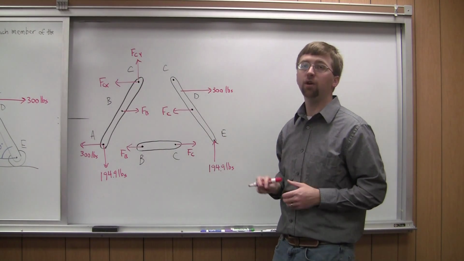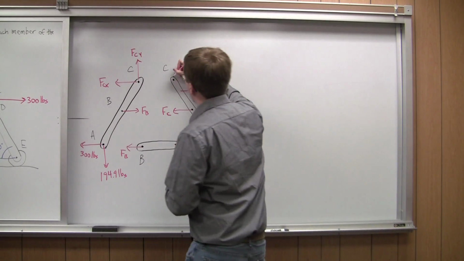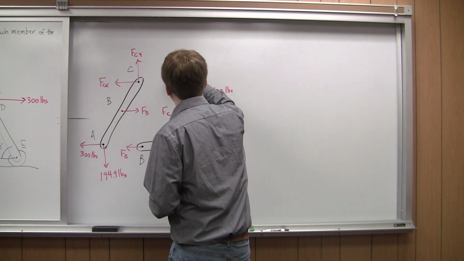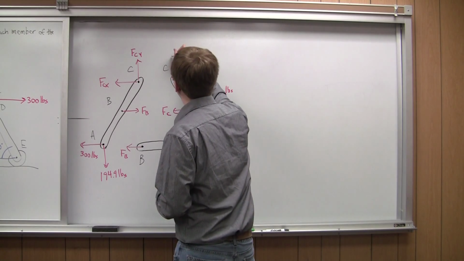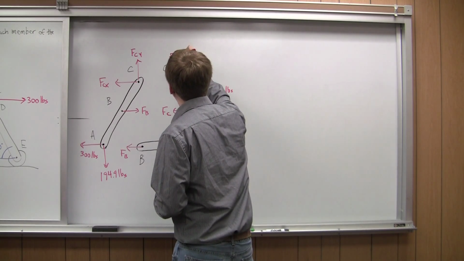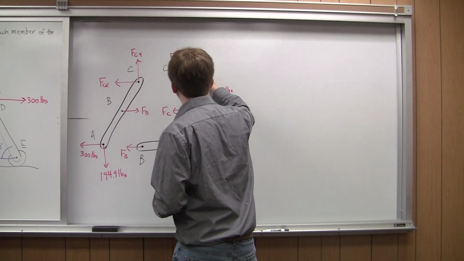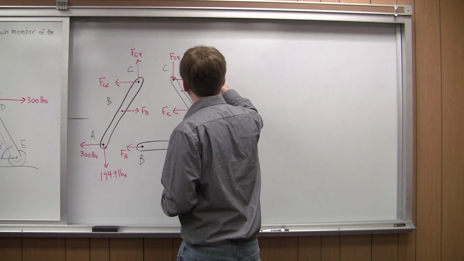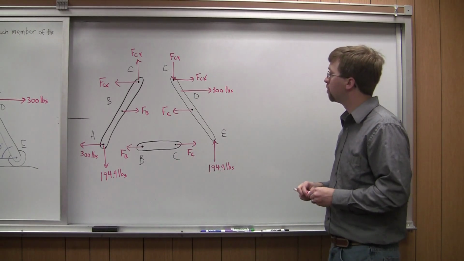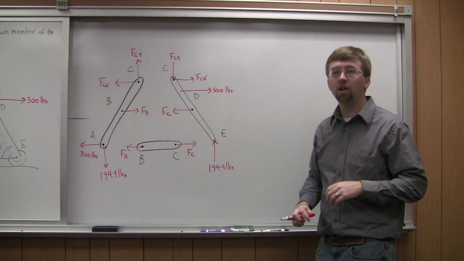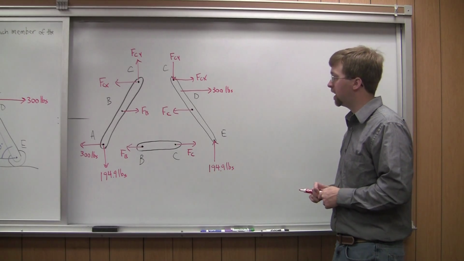I need to draw them equal and opposite. So at the other point C, I'm going to have a force pointing down. So I'm going to just call this one FCY again. And if I was pointing to the left before, I have to point to the right this time. So I've got FCX on this member. And with that, we've got all of the forces acting on our free body diagram.